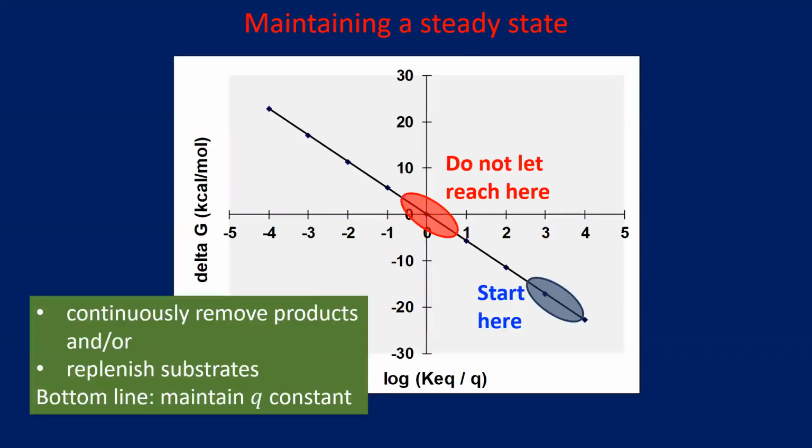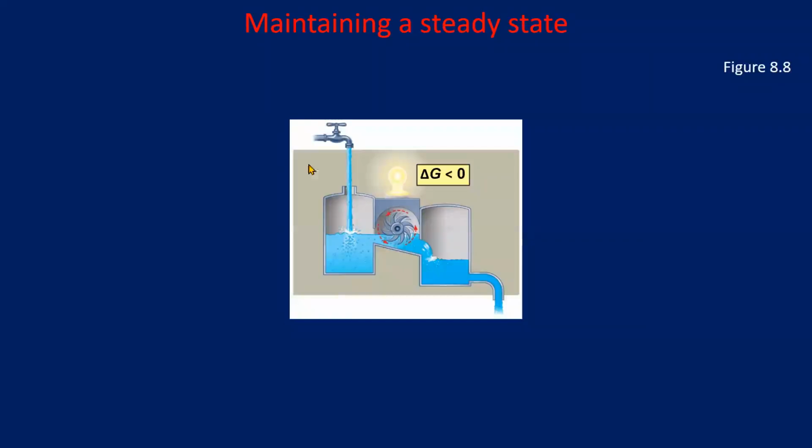So this is the situation inside the cell. You have a steady state condition, and during the steady state condition, you will have net change of energy less than 0.